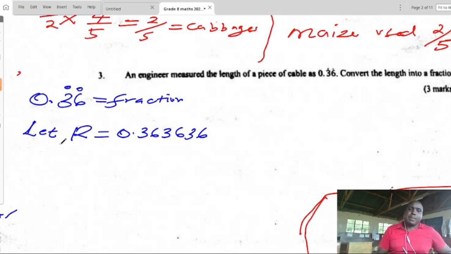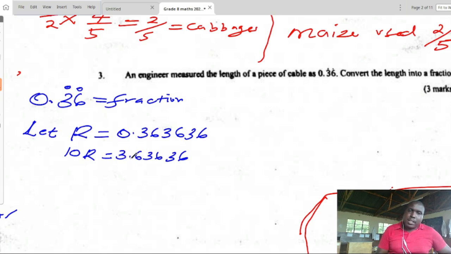So that is R. So 10R will be equal to, you multiply times 10, 3.6363.